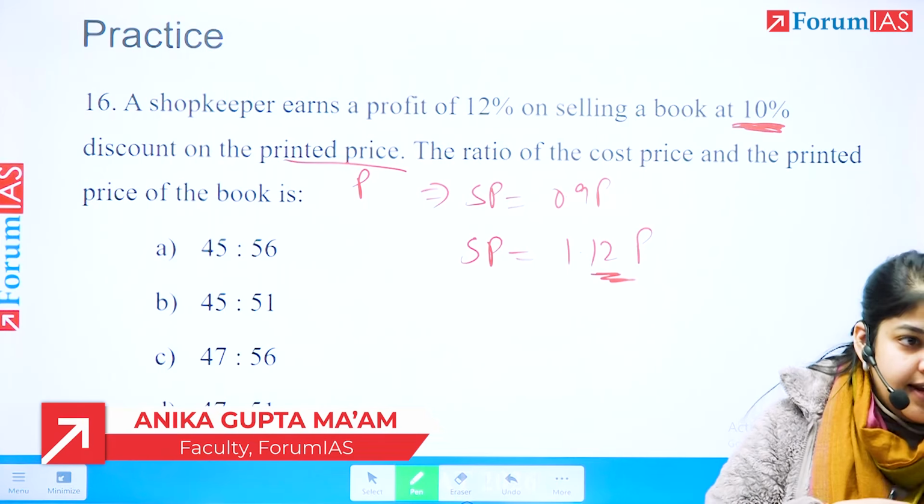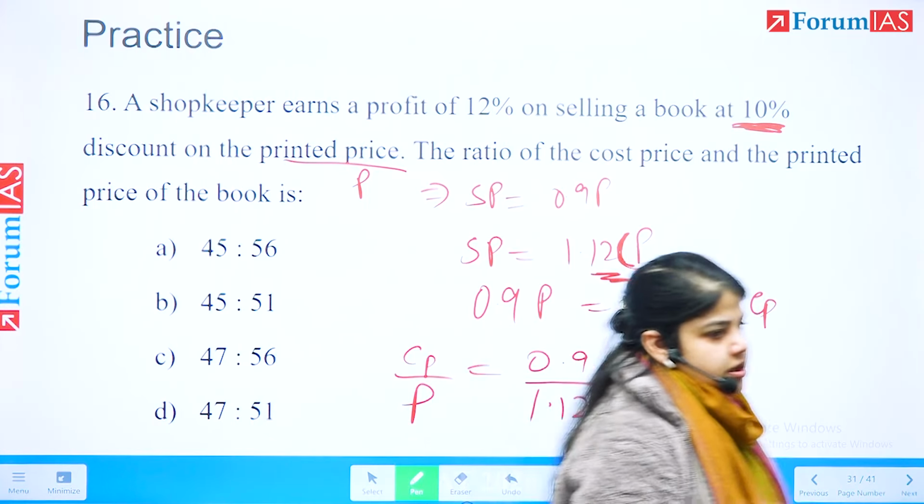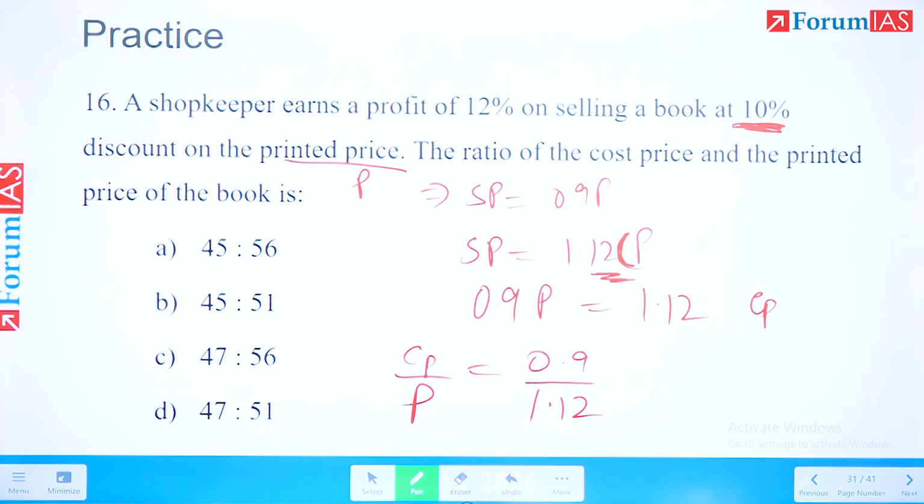So this means 0.9 of mark price is equal to 1.12 times cost price. You just have to do a ratio of cost price divided by price is equal to 0.9 divided by 1.12. If you solve it, you will get 45 by 56.